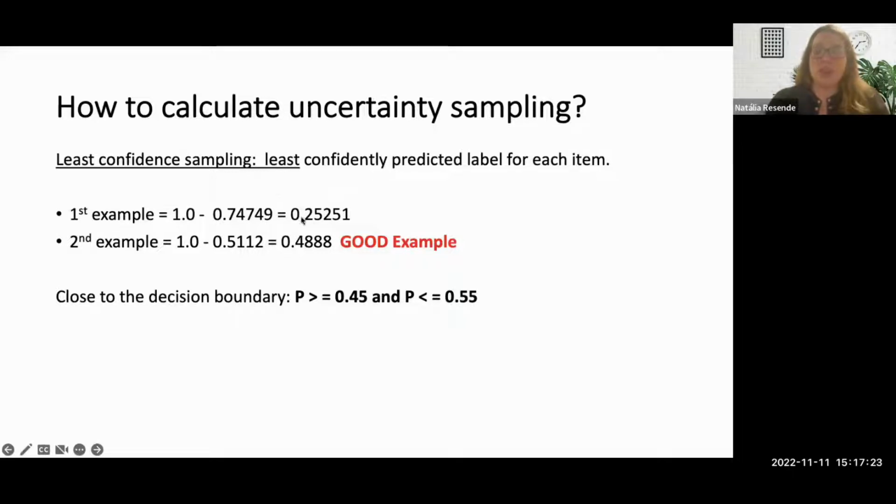When the uncertainty is low, as in this other case, we don't consider it a good example, because the probability is very high, and the model prediction is probably correct, right?